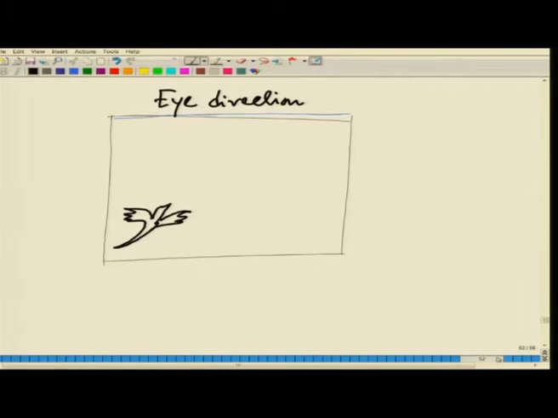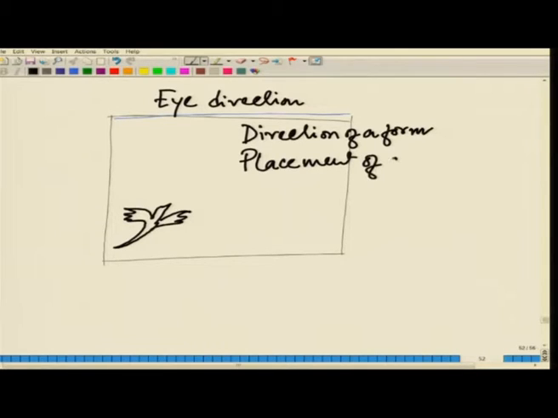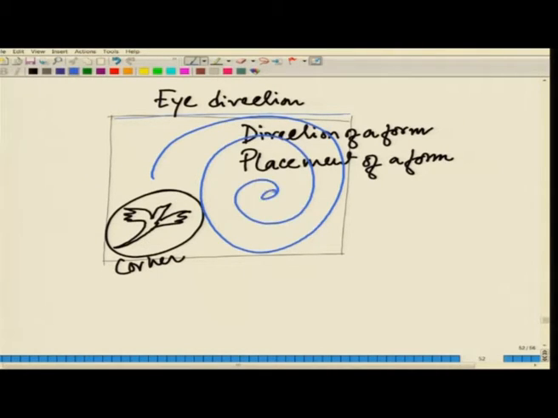Stability also depends on other factors like the direction of the form, placement of a form, just because this form is placed in one corner, it is getting a whole lot of visual space to move. So, it gives us a feel as if the form is going to have more space to move.